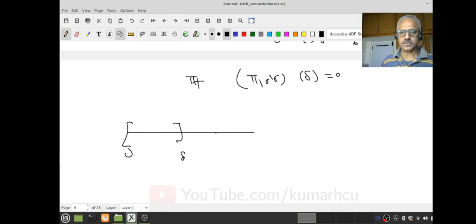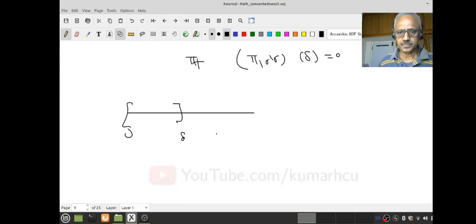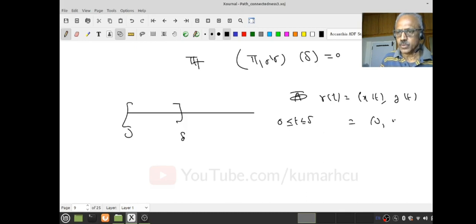Okay, this is 0. Is that okay? Let's not worry about what happens to the y coordinate. This is enough. So if I write γ(t) as (x(t), y(t)), then for t between 0 and δ, this is (0, y(t)), always of this form. Agreed? Okay, pause, review, proceed.